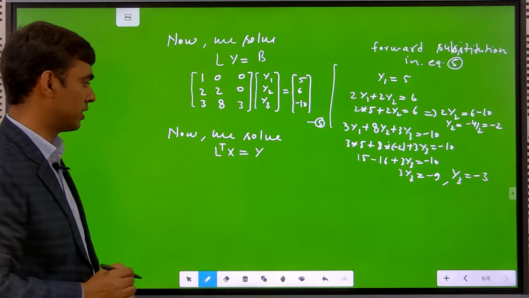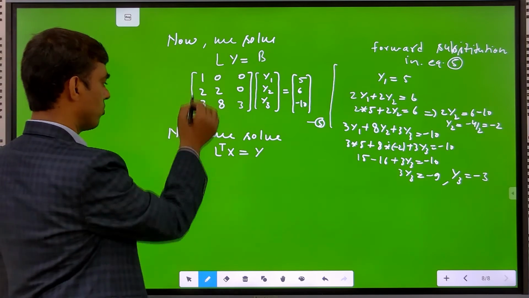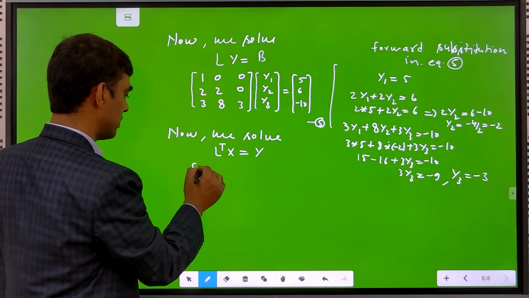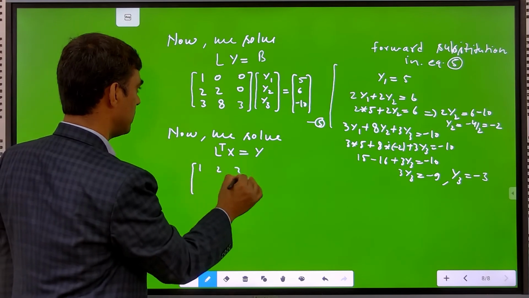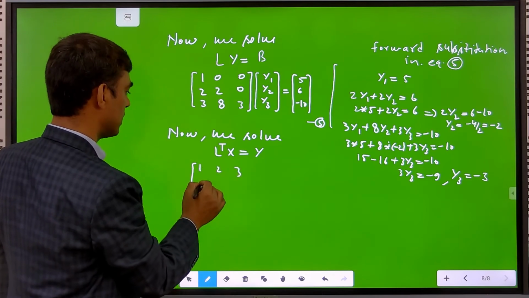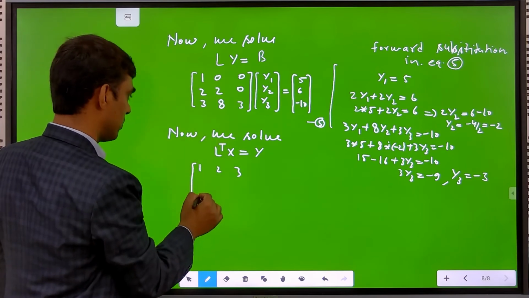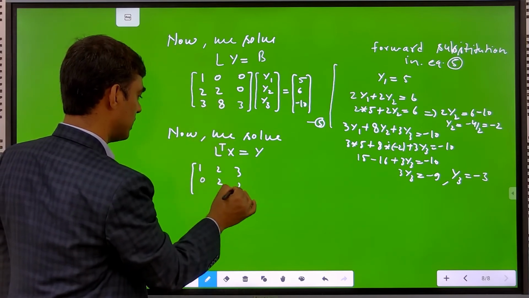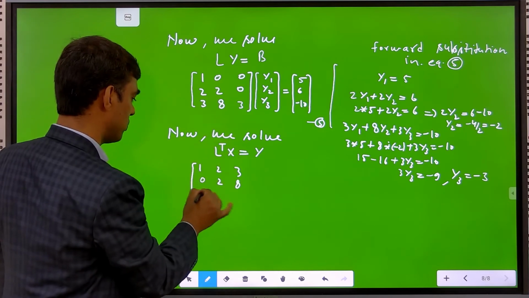What is the value of L transpose? If this is L, then the first row becomes the first column, 1, 2, 3; the second column becomes the second row, 0, 2, 8; and the third row becomes 0, 0, 3.